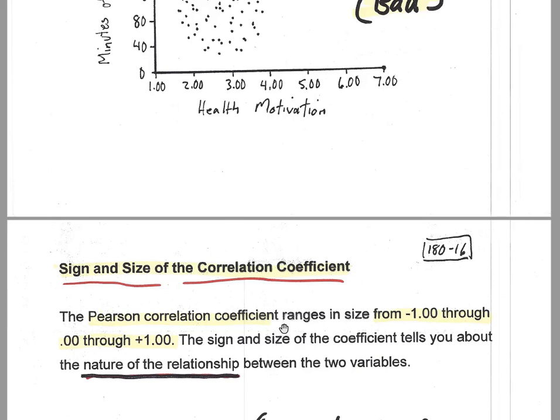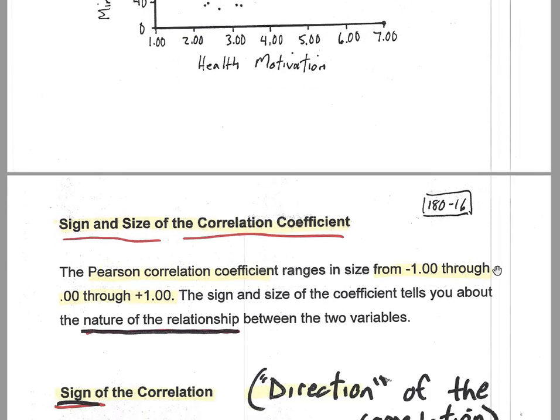Just looking at those two digits, a seasoned reader of research can tell you about the trend that you have, whether it's a positive slope or a negative slope. They can tell you how strongly the two variables are correlated, whether it's a weak association or a tight association. I want you folks to be able to do that. It involves interpreting sign and size of the correlation coefficient.